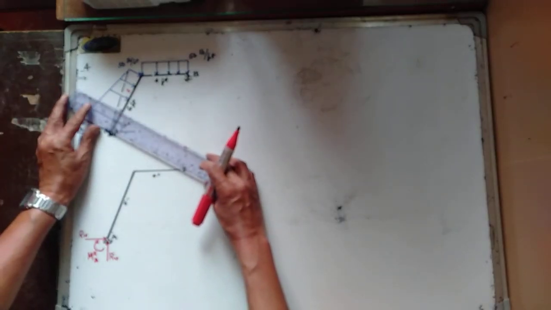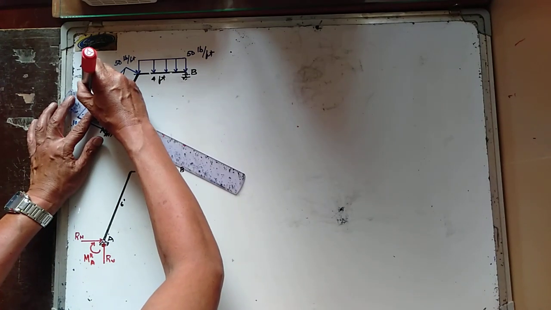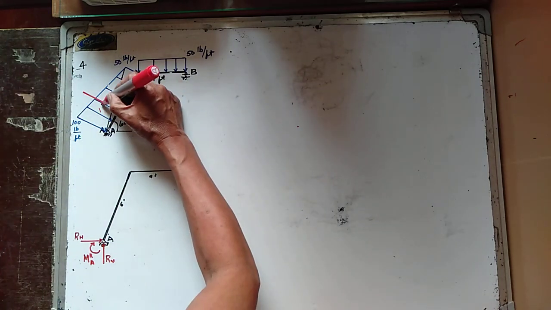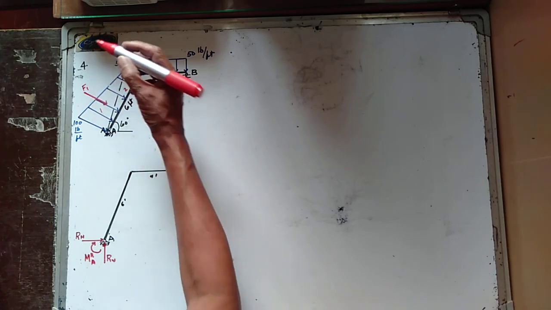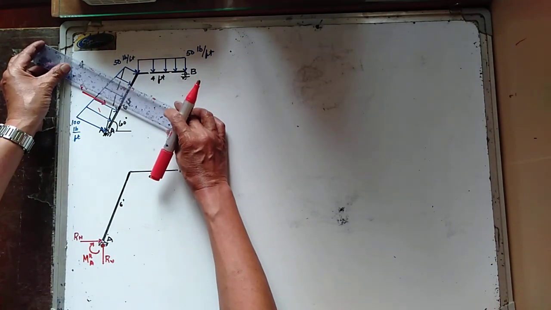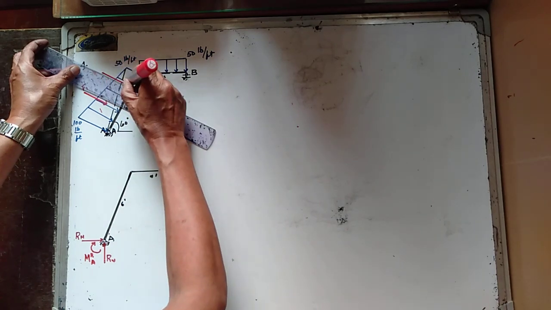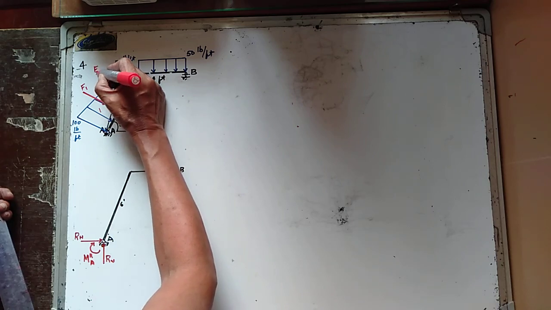I'm just going to consider that this is now the equivalent resultant force of the first area, and this is your F1. And this is the equivalent resultant force of the second area, and that is your F sub 2.